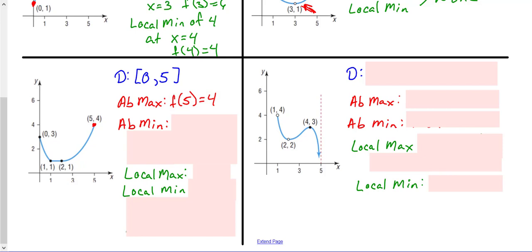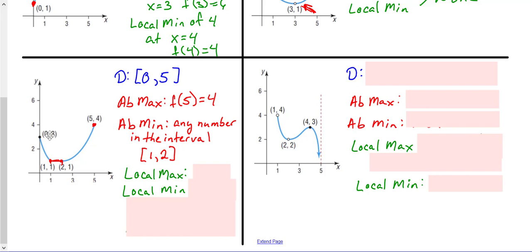In this case, when we look at our minimum, we have a constant. It goes straight across. So that means we're going to have multiple absolute minimums. And we would say any number in the interval from 1 to 2 would be our absolute minimum.